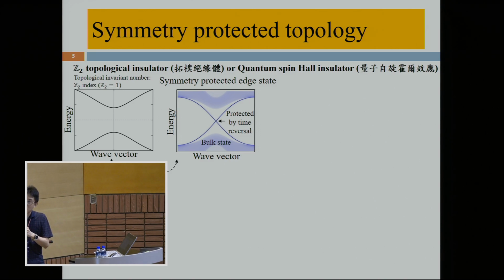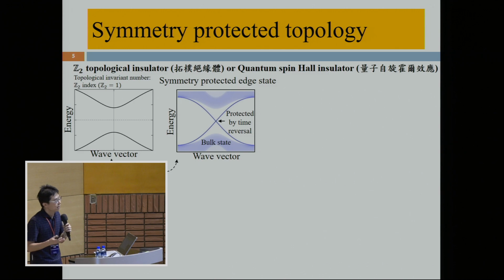In a symmetry-protected topological state, the gapless topological boundary state is protected by a specific symmetry. For example, its gapless boundary state is protected by time reversal symmetry. The symmetry-protected topological state is quite robust. It does not open a gap or get destroyed by external perturbations.